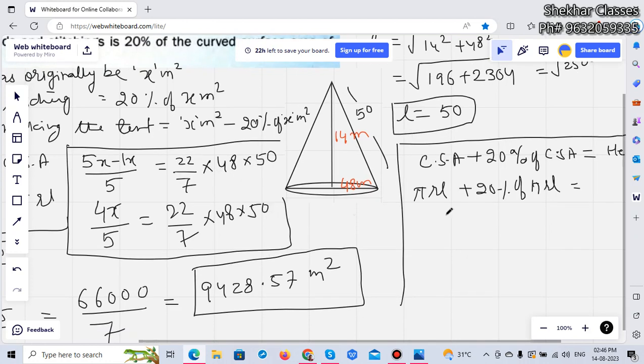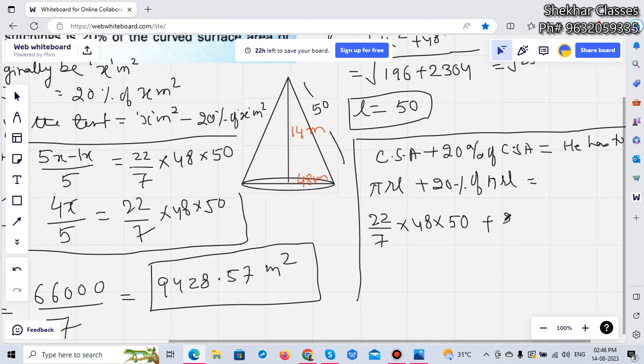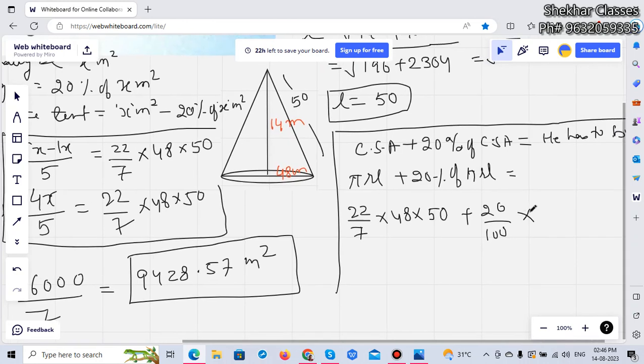So we can write it here, 22 upon 7 into 48 into 50 plus 20% means 20 upon 100 of this much. That is what he has to do. I can take the common here, 22 upon 7 into 48 into 50 is common. So you will be left with 1 plus 20 upon 100 is 1 upon 5.